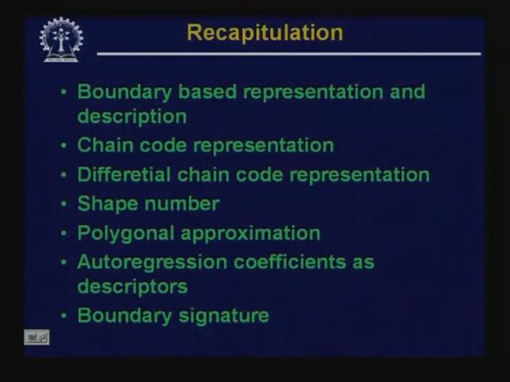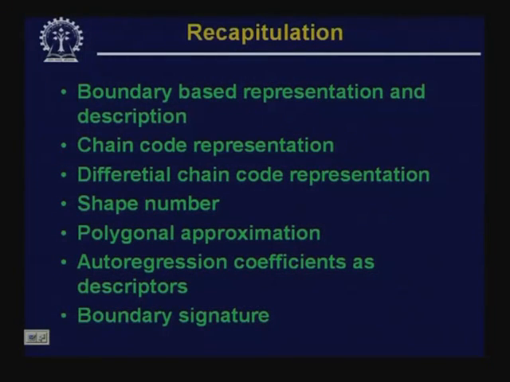If I follow a convention that I will select a starting point such that the numerical number generated is minimum, then what I get is a chain code or differential chain code based description of the object shape or object boundary, which is a descriptor that can be translation, rotation and scale invariant. This particular minimum number that we get is what is called the shape number for that particular object shape.